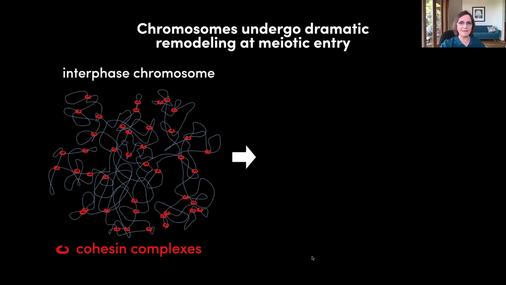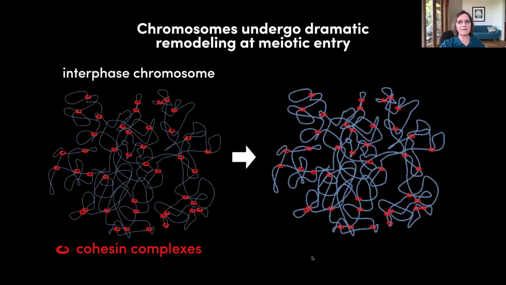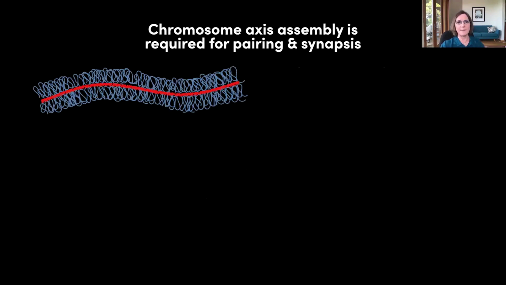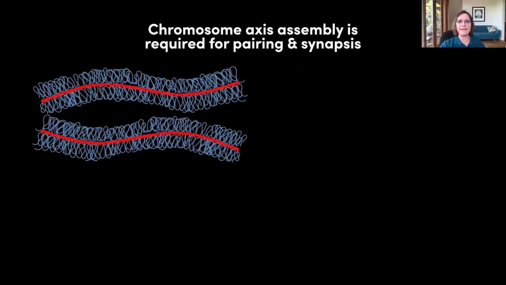So they replicate in an S phase, and then through magic that we are just starting to understand, the cohesin complexes, which we know play a major role in structuring all chromosomes, undergo some kind of change in their activity that leads to the formation of an axis, a linear scaffold made of cohesins, from which the chromatin emanates as loops along a highly elongated conformation. And this morphological rearrangement is essential for everything else that happens. If it doesn't happen, there are no double-strand breaks, the chromosomes are unable to find their partners and pair, and they never synapse.